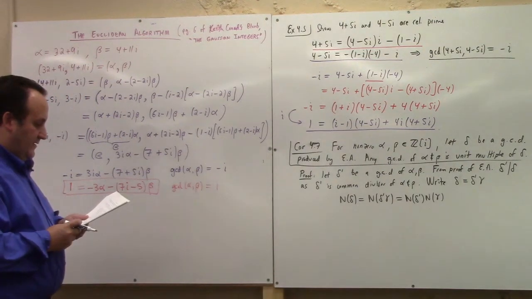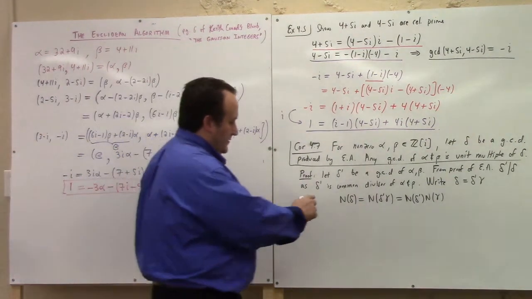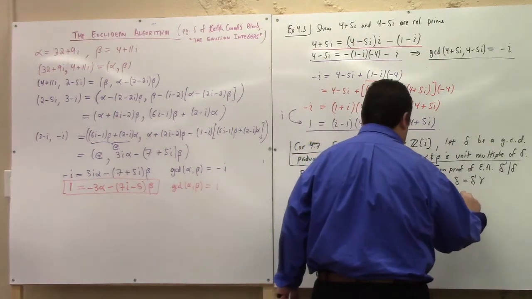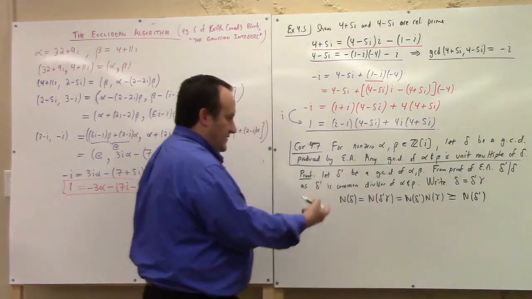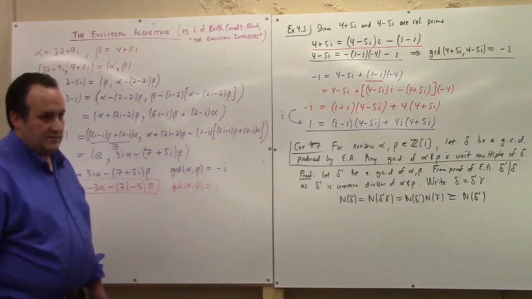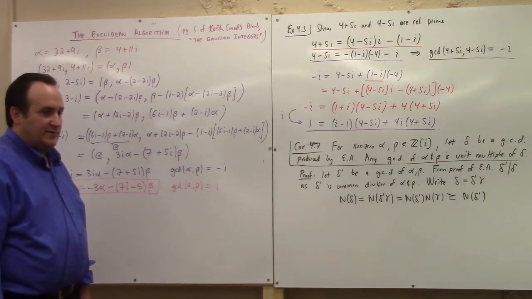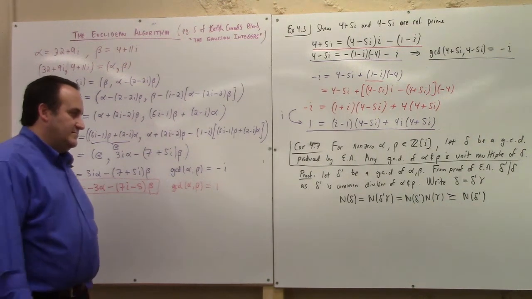We know that the norm of delta is greater than or equal to the norm of delta prime because it is the GCD, which has maximal norm. What does that inequality force the norm of gamma to be?